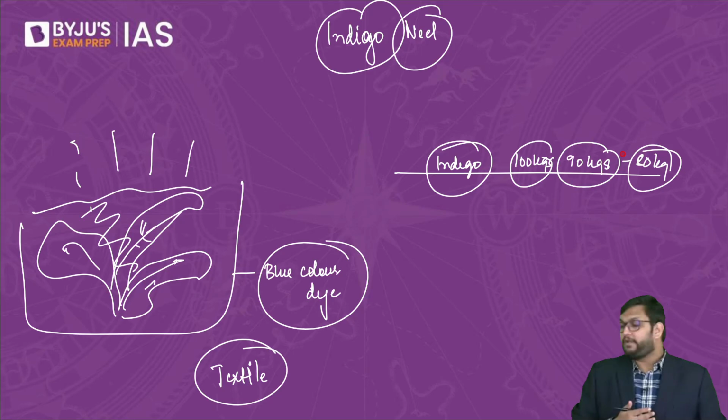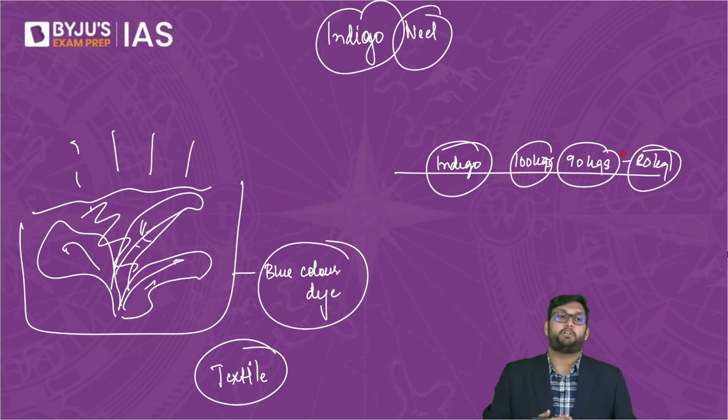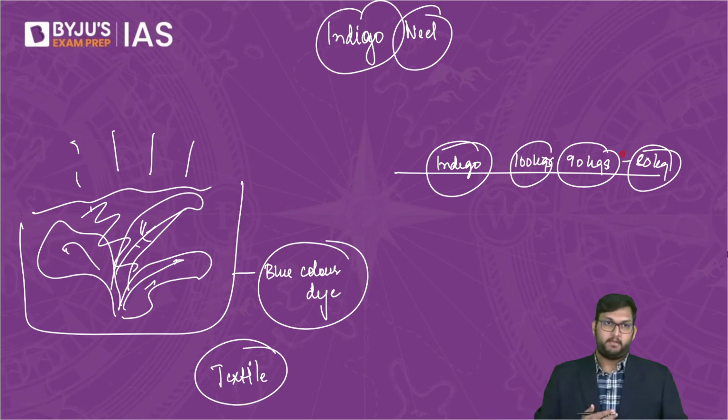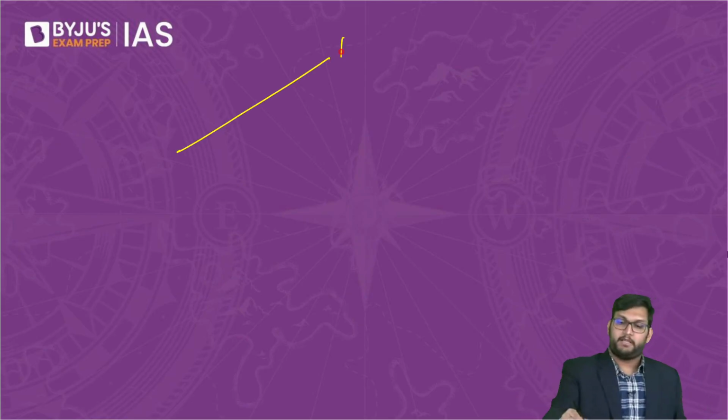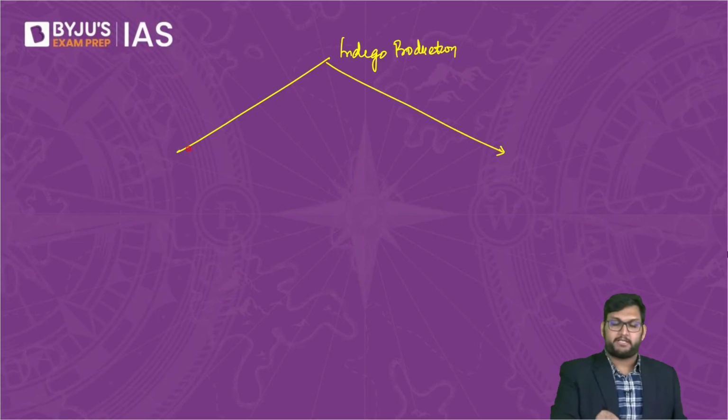So now it was about how do you produce indigo in India? And under that, there were two systems in India. Indigo production in India. Now, please pay attention. This comes in the examination quite a lot. Indigo production in India happened under two systems.